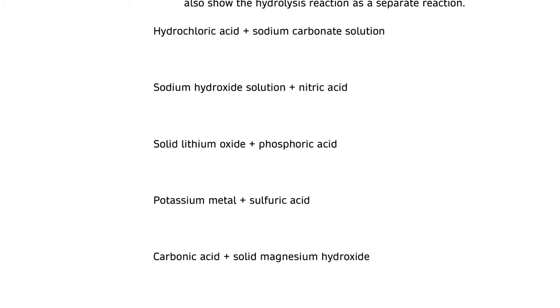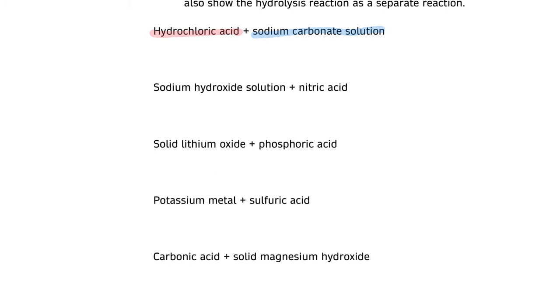So when you see hydrochloric acid, you're thinking, is that strong or weak? Strong. Okay? And this is a sodium carbonate solution, so that's an aqueous solution. So if it's a strong acid, it's going to fully ionize, and so therefore it's going to be H plus. Oh, this is Bronsted-Lowry.